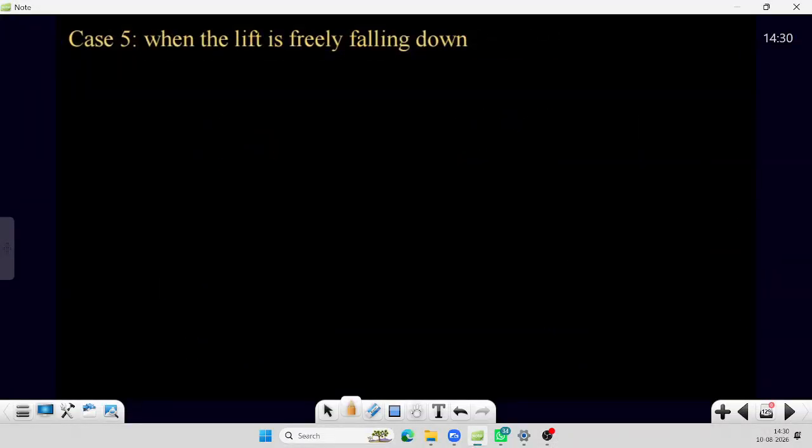Now let's see the fifth case. When the lift is freely falling, what does it mean? Freely falling body, with what acceleration is it falling? For a freely falling body, the acceleration is g only.